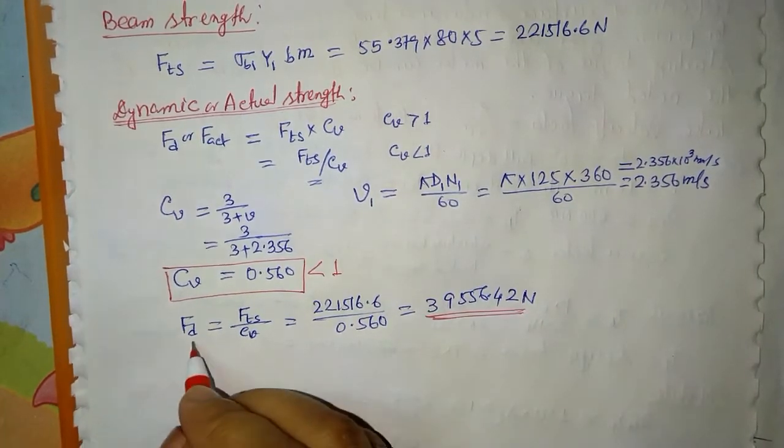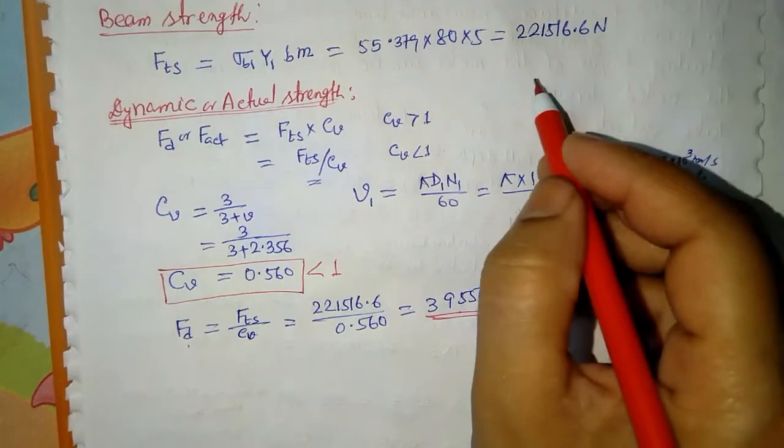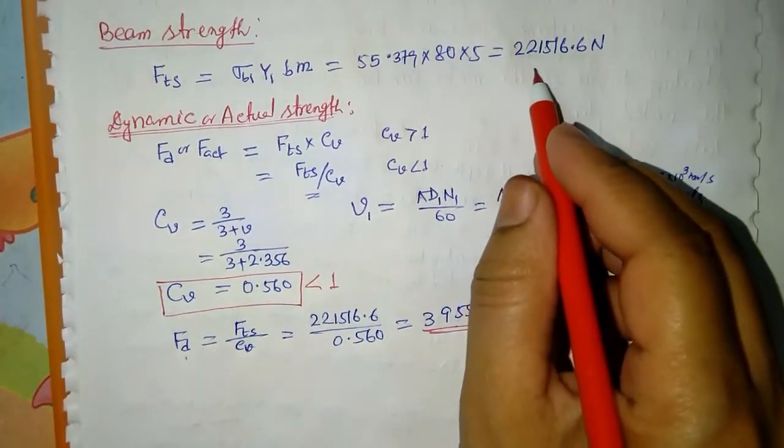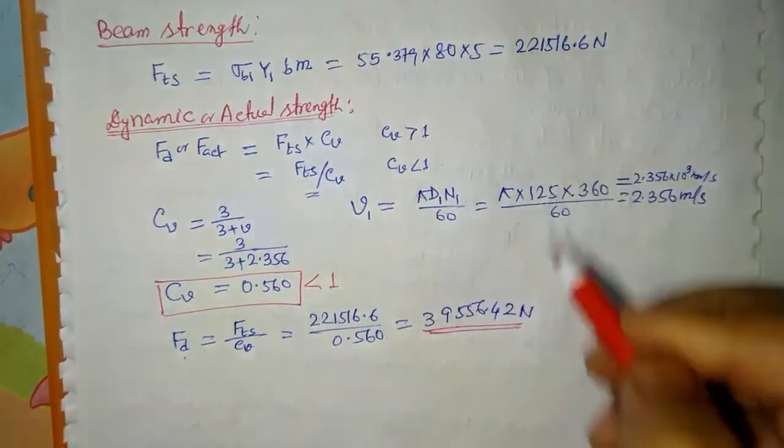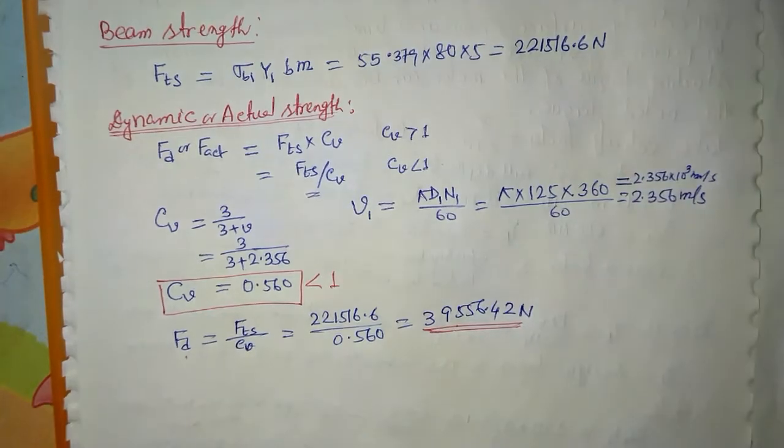Okay, so this is our fd value. So now see, fd is this one and fts is this one. Okay, so definitely fd is more than fts. Okay, so as we have seen earlier that if fd is greater than fts, then this is not safe, or the design is unsafe.